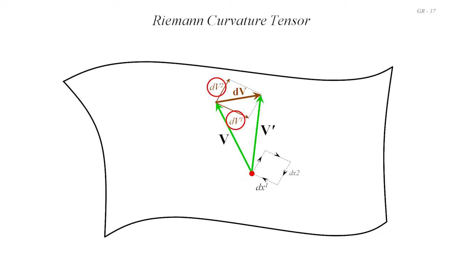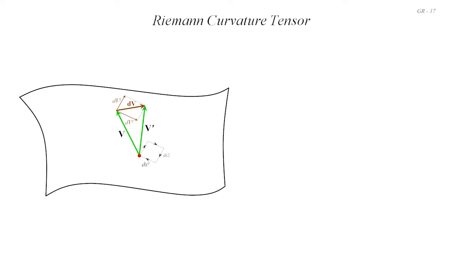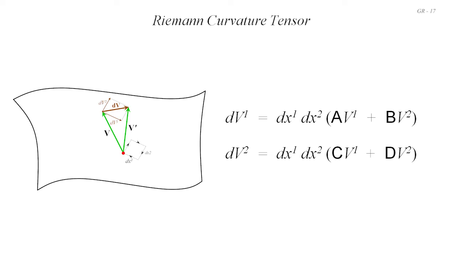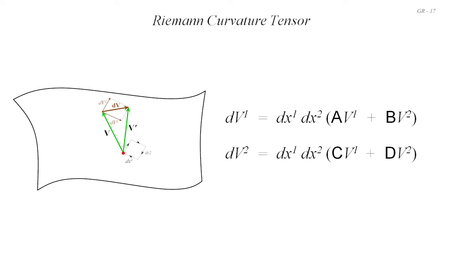However, it should also be clear that their values will also be proportional to the area dx1 times dx2, and if you think about it, to some linear combination of the original components of v, v1 and v2. We can show that side of things using these two equations, where a, b, c and d are constants. Each of these equations shows a kind of multilinear relationship.